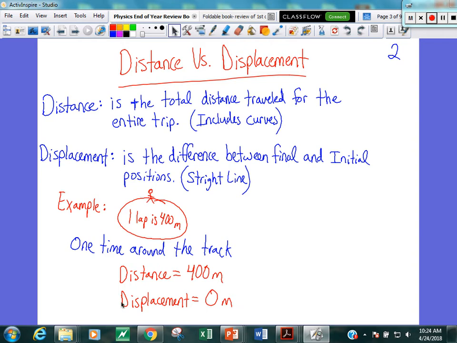But what is your displacement going to be? 0, because you came back to the same exact spot. There's no difference between your initial position and your final position. So your displacement will be 0 meters. Hopefully that helps you remember the difference between distance and displacement.